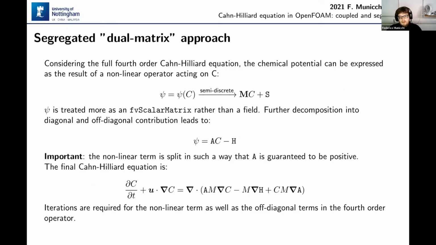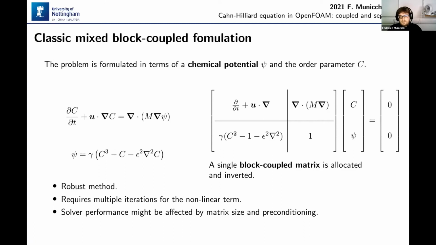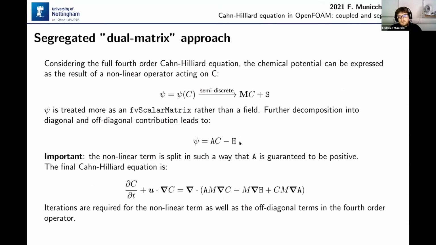So when you take A, you are basically taking the diagonal of the Laplace operator plus this additional term here. So A will depend on C squared, to be precise, while H will keep all the remaining terms. The important thing is that A should be positive. Now you will see why.